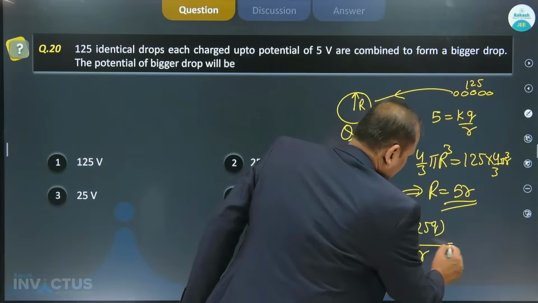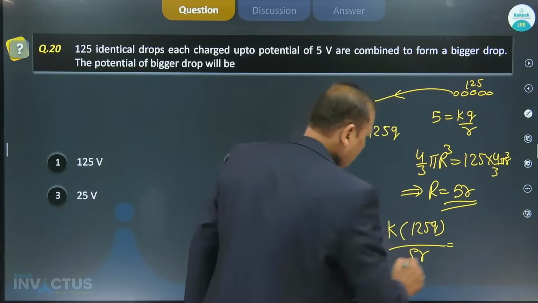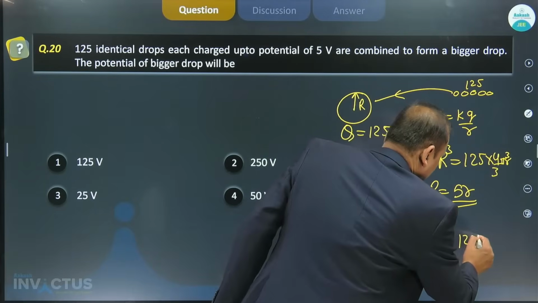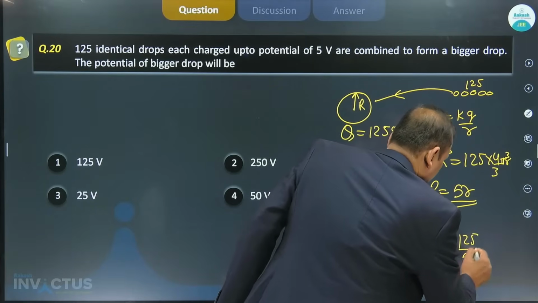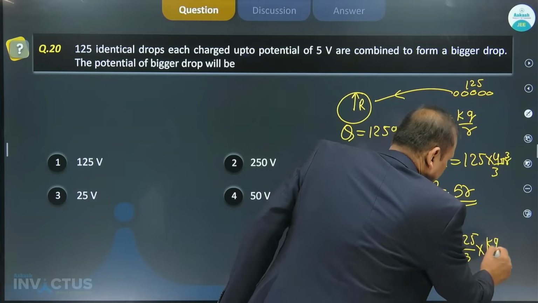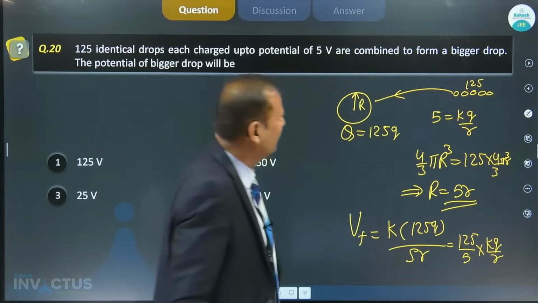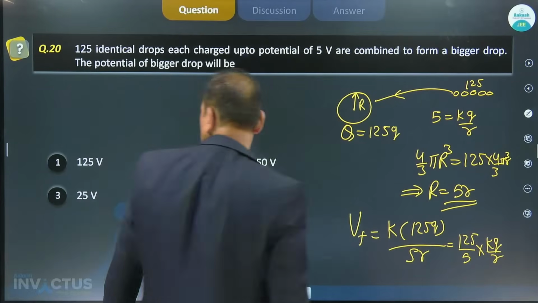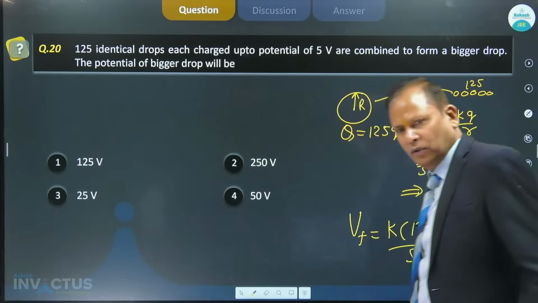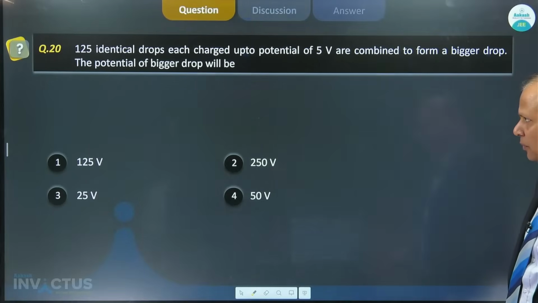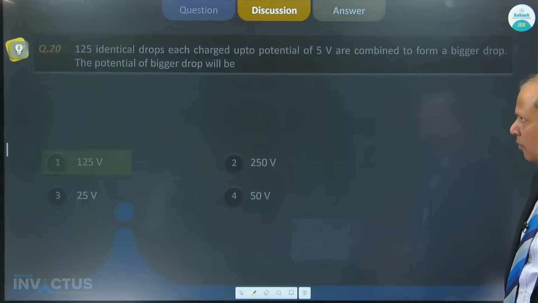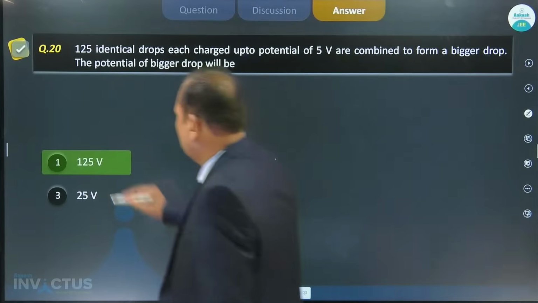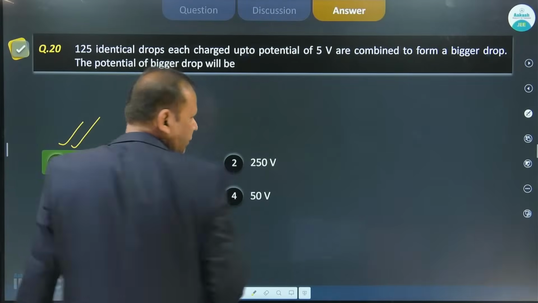So this will be equal to 125 by 5 into kq by r, and you know kq by r is already 5, so answer will be 125. We can check the answer. Yeah, the answer is 125 volt.